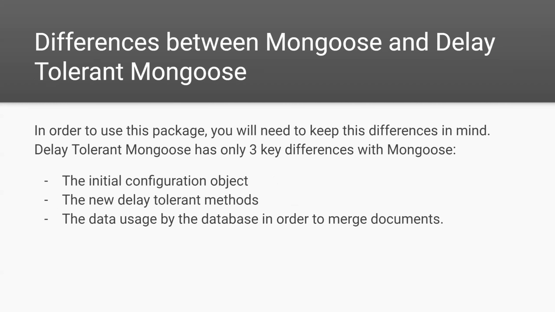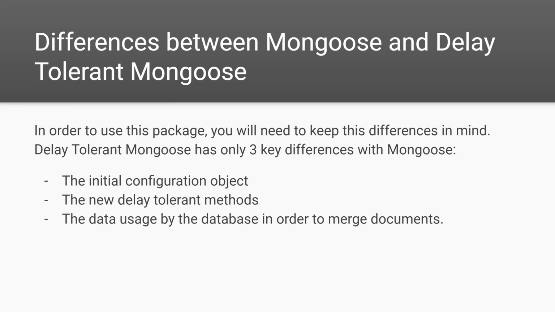So what is the difference between Mongoose and the delay-tolerant Mongoose? Mongoose is a package for JavaScript backends to save data in MongoDB. But the delay-tolerant Mongoose adds some things on top of Mongoose besides the delay-tolerant functionalities.